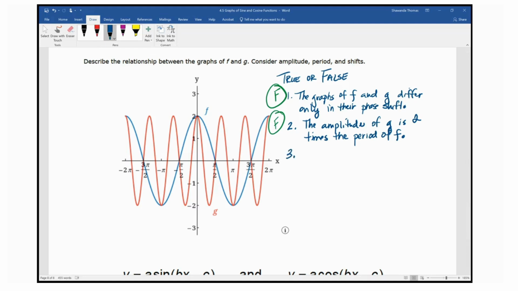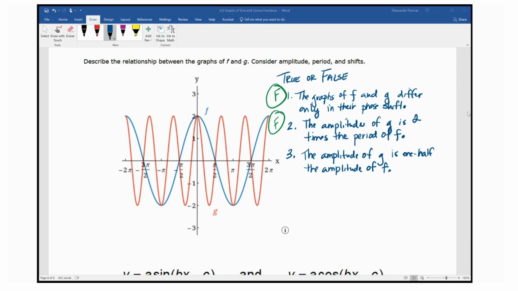The amplitude of G is 1/2 the amplitude of F. All right, someone other than Owen and Leo, who answered the first one, what y'all think?